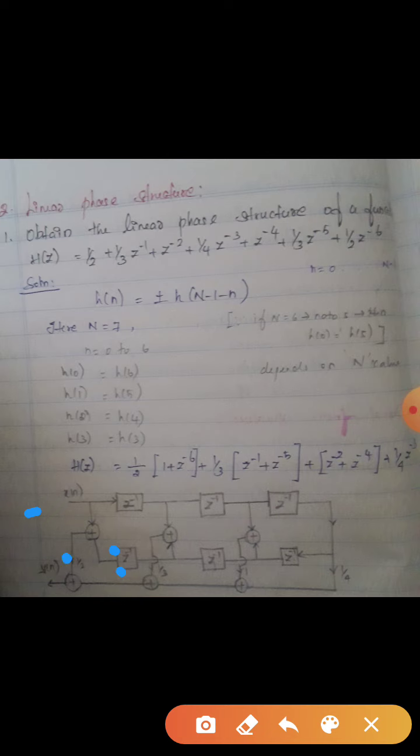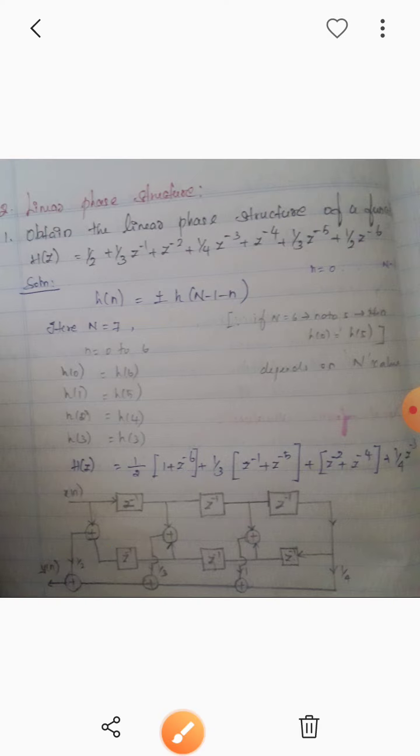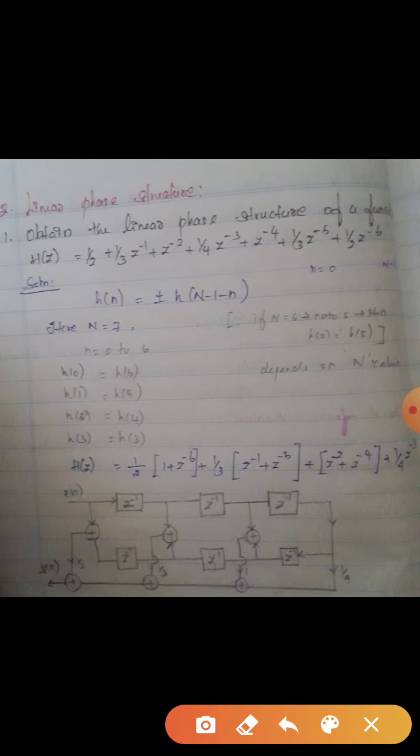Here you have to multiply with the coefficient, then 1 and 5, this 1 and 5 you have to add, the first and fifth element, you have to combine these two and multiply with the 1/3. Then the second and fourth elements, you have to add and multiply with 1.